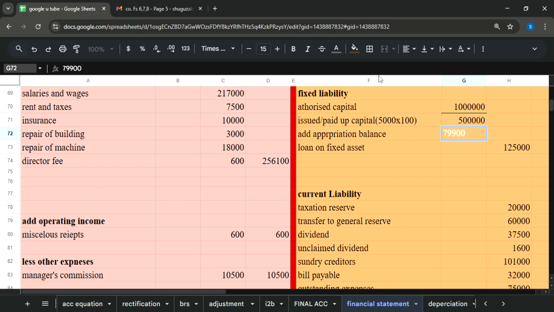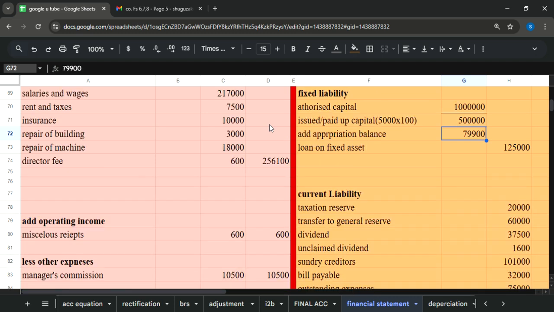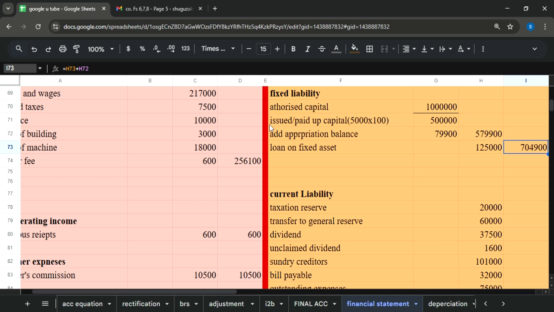Let's check it out again. 79900, and we have added 79900. So capital plus net profit amount. Outside, we have two fixed liabilities, let's take some loan and the amount of capital. So the fixed liability side is ready.